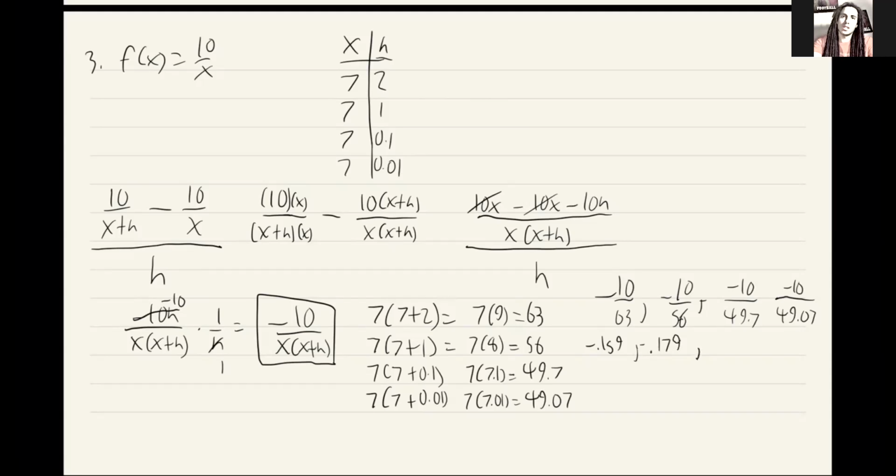And if you plug in 49.7, then it becomes negative 0.201. And last but not least, 49.07, that becomes negative 0.238. If you don't have access to a TI-83 or TI-84 calculator, you can simply divide these individually on paper. I just like doing these in a table because the numerator is constantly negative 10.